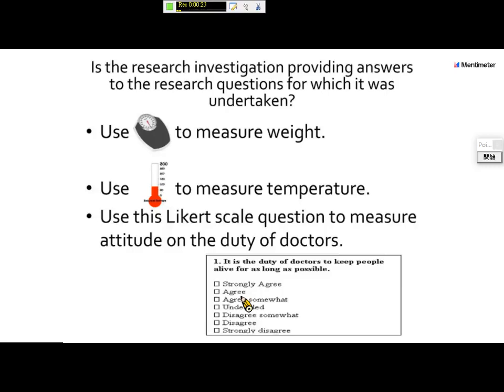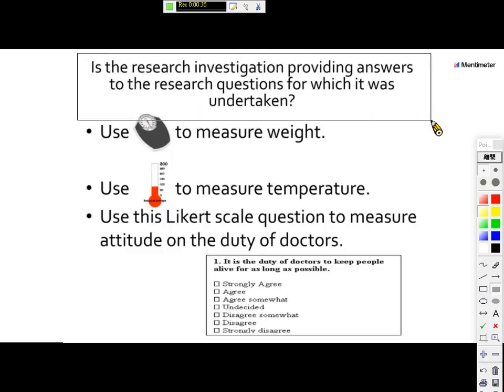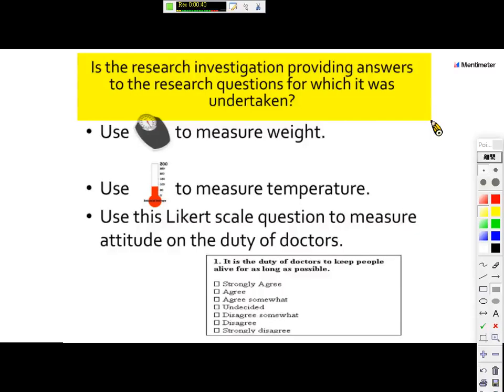Validity. Let's look at this one. Basically, when we talk about validity, we ask one very important but simple question: is the research investigation providing answers to the research questions for which it was undertaken?